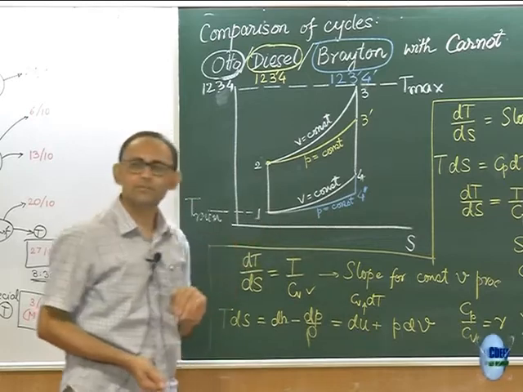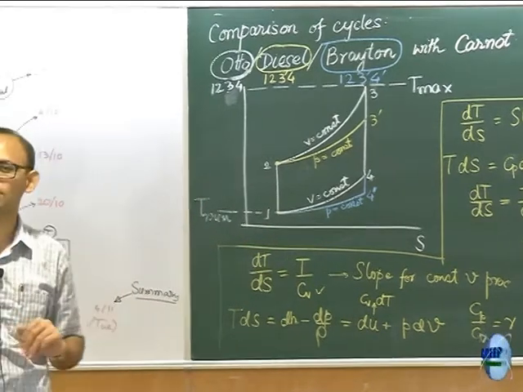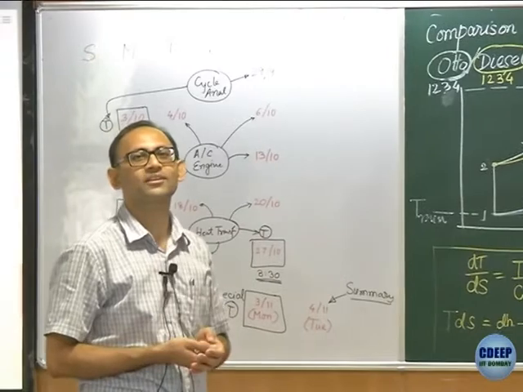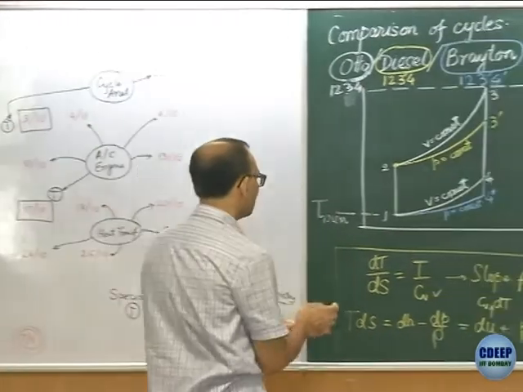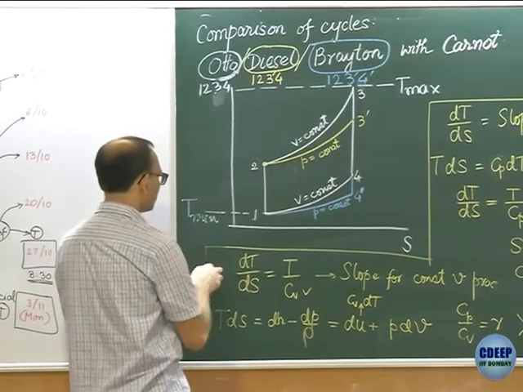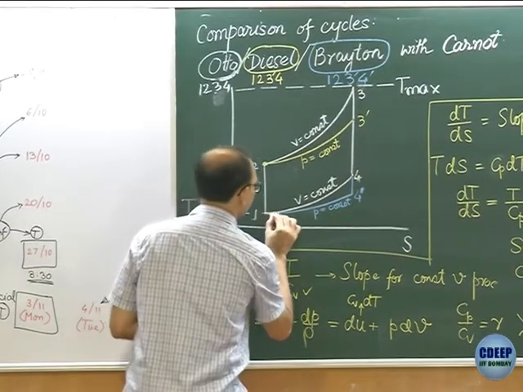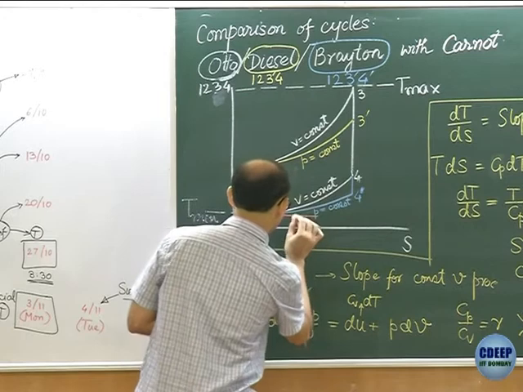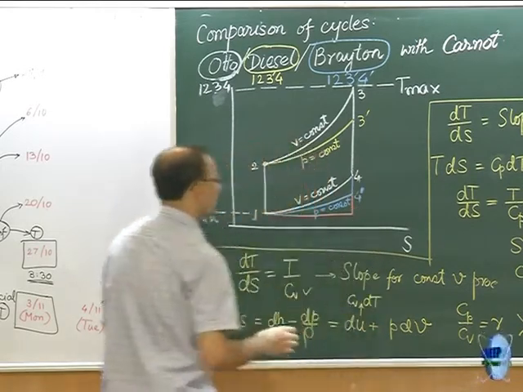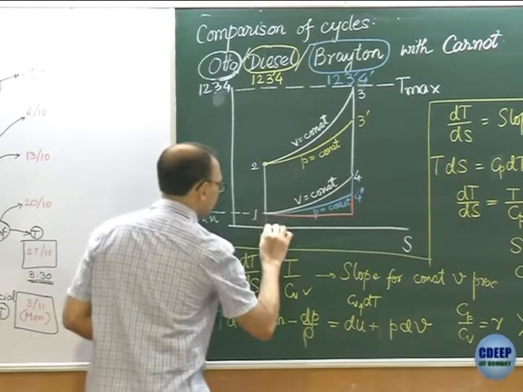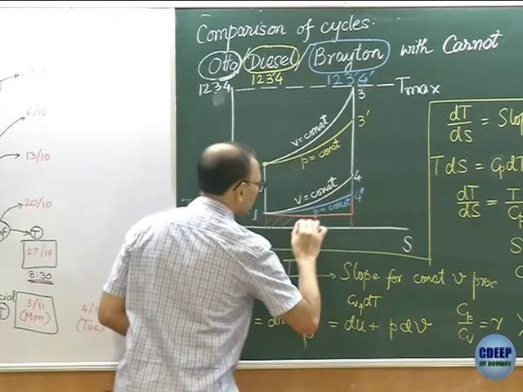And what's the minimum heat we can reject? That's the Carnot cycle. For the same T minimum, if I follow the same T minimum line, it has to be exactly horizontal. So that would be my minimum heat rejection.